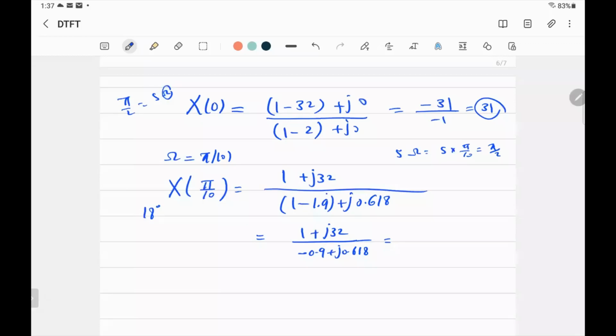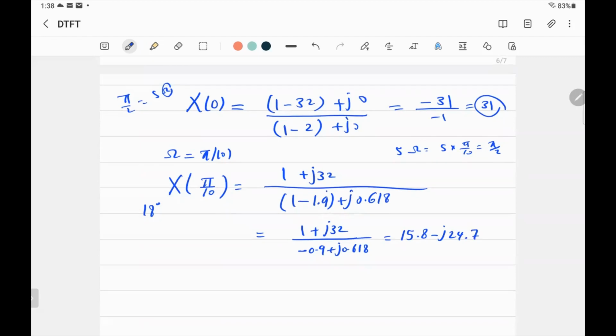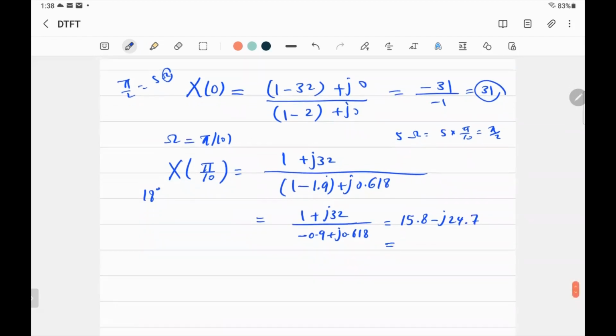Okay, that's the result. I got real and imaginary parts: 15.8 minus J24.7, and I can convert it to polar form.